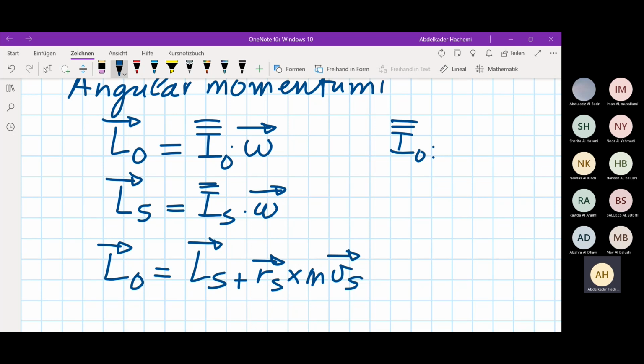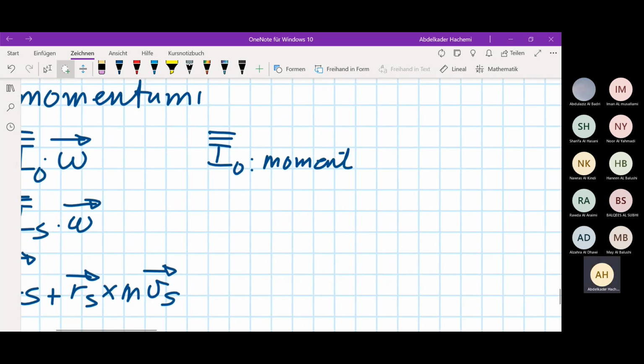Now I O, I write it here. It's the moment of inertia tensor.